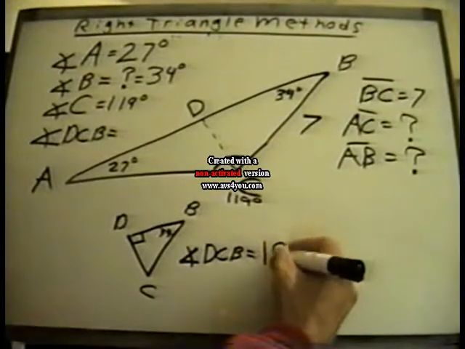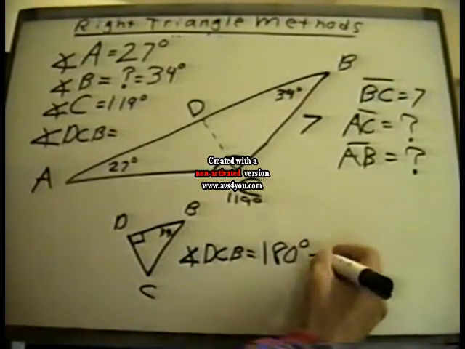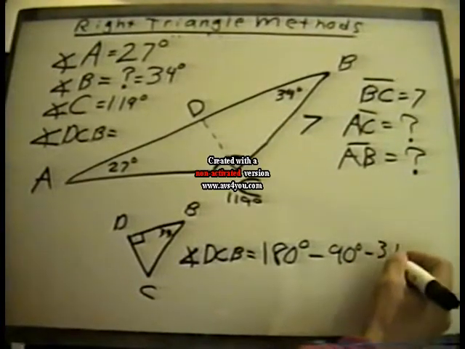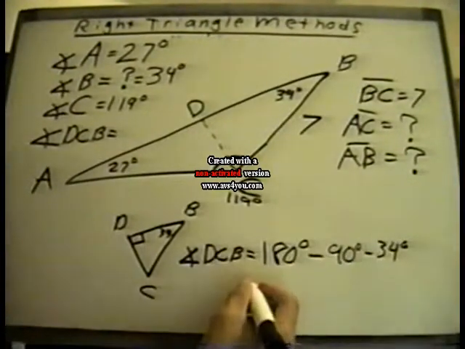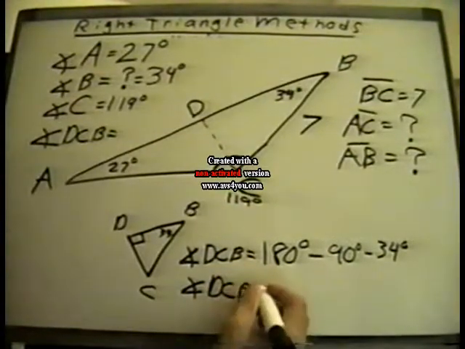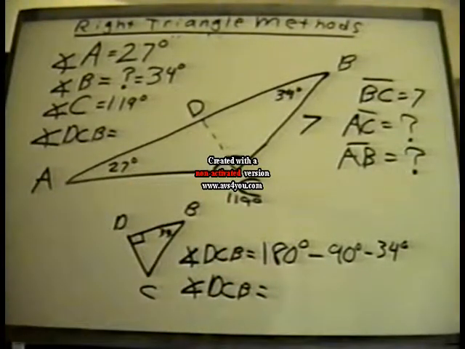Angle DCB equals 180 degrees minus 90 degrees minus 34 degrees.